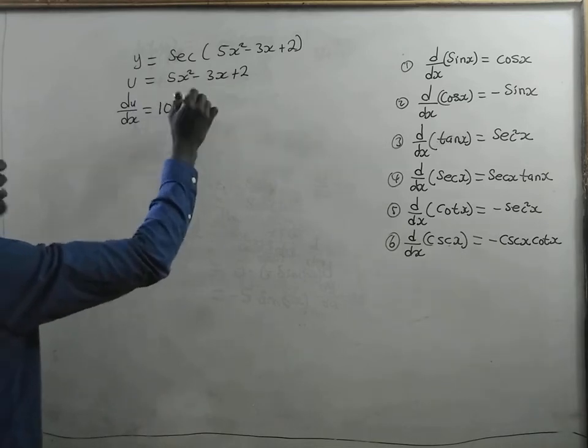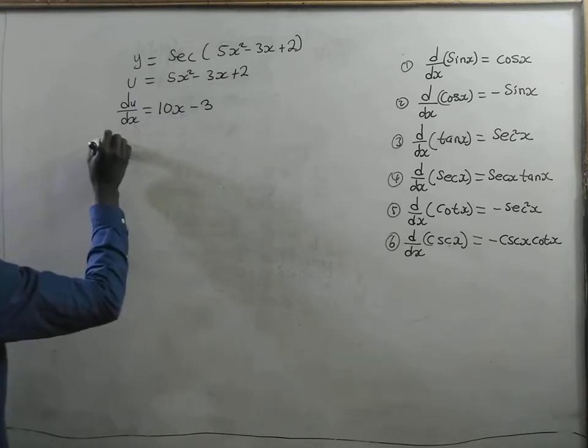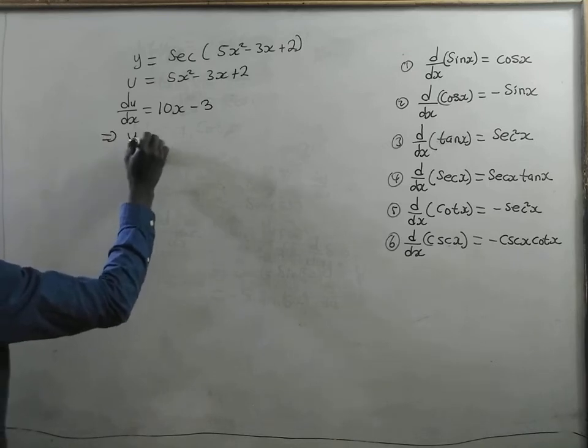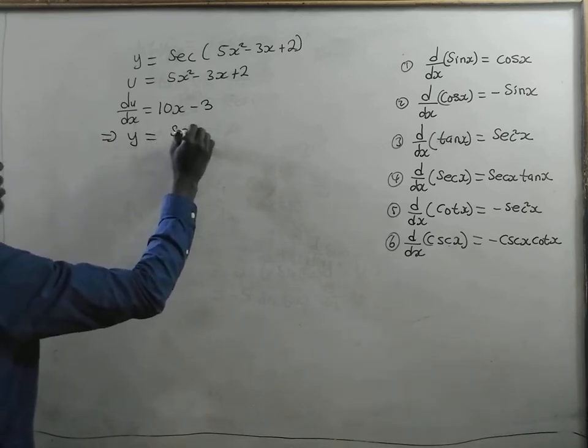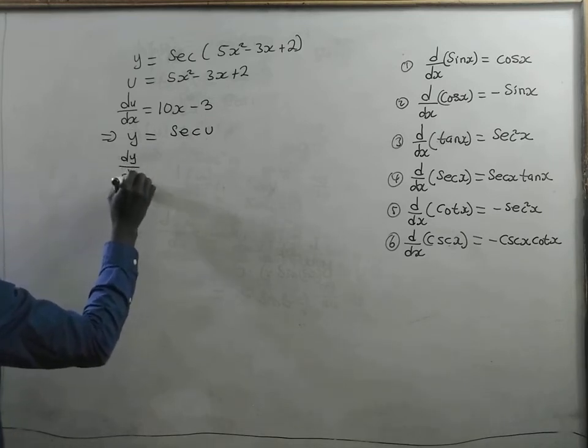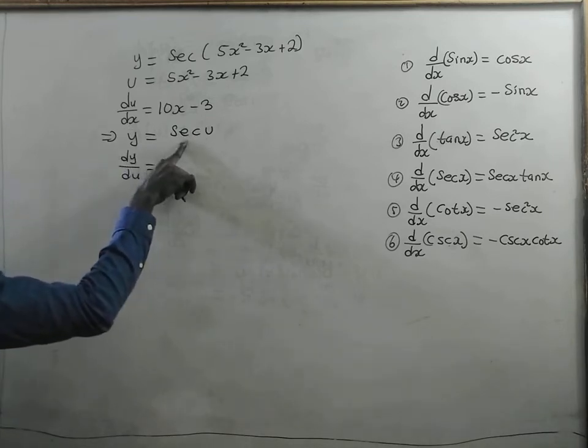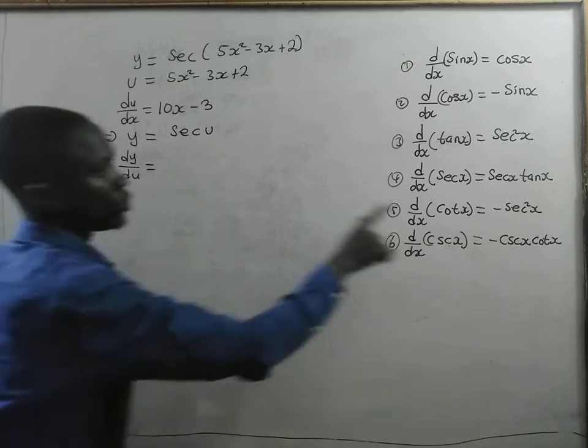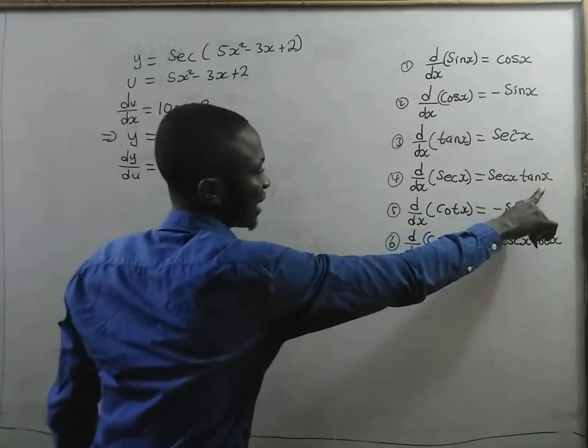If we differentiate minus 3x, you get minus 3. Now, this implies that y is equal to secant of u. So the derivative of y with respect to u, if we differentiate secant, you get secant times tangent.